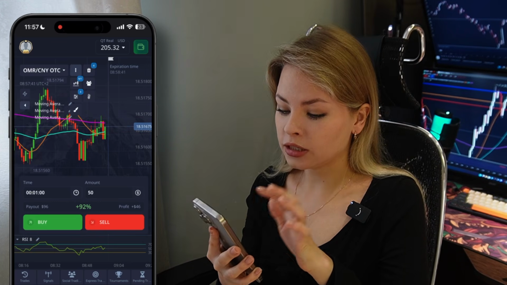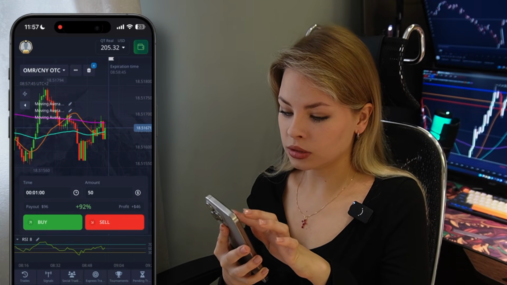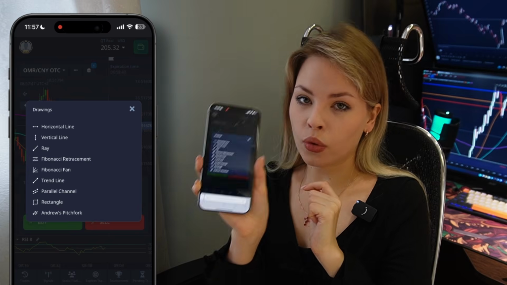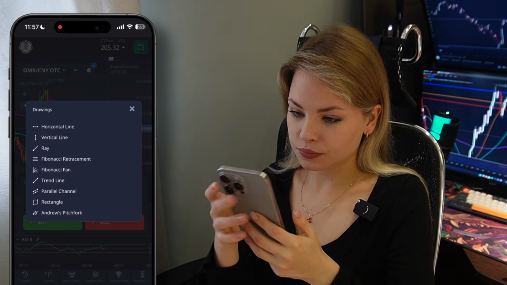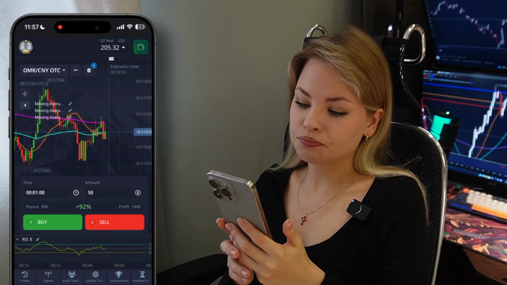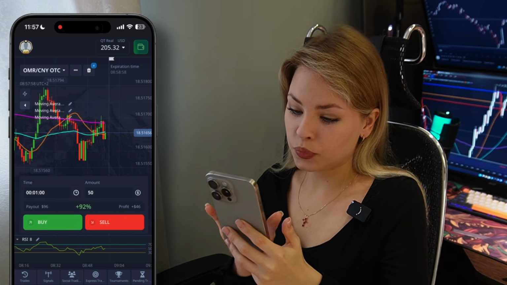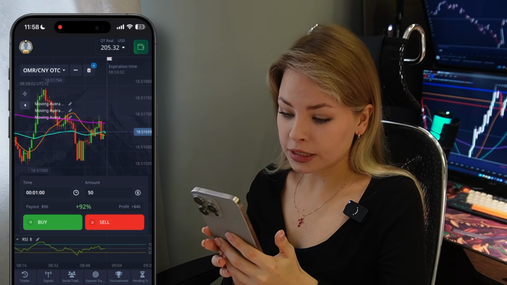There will be indicators here, and the ability to draw different levels and different figures, just like on your laptop or personal computer.